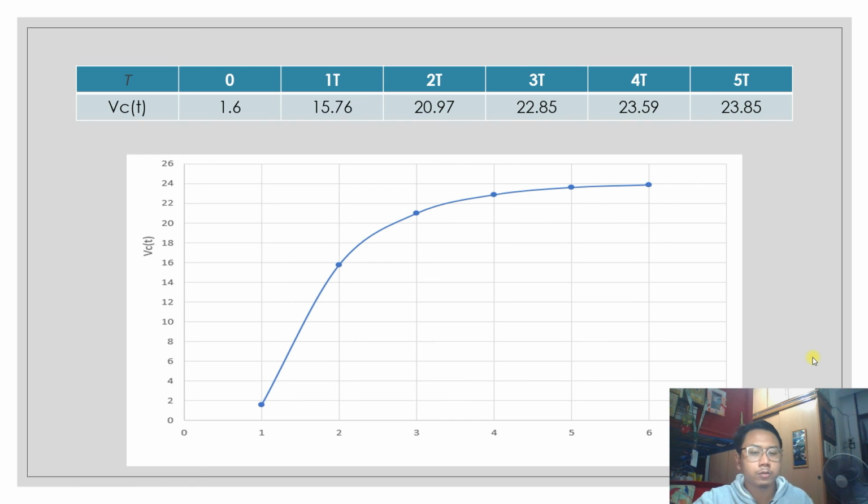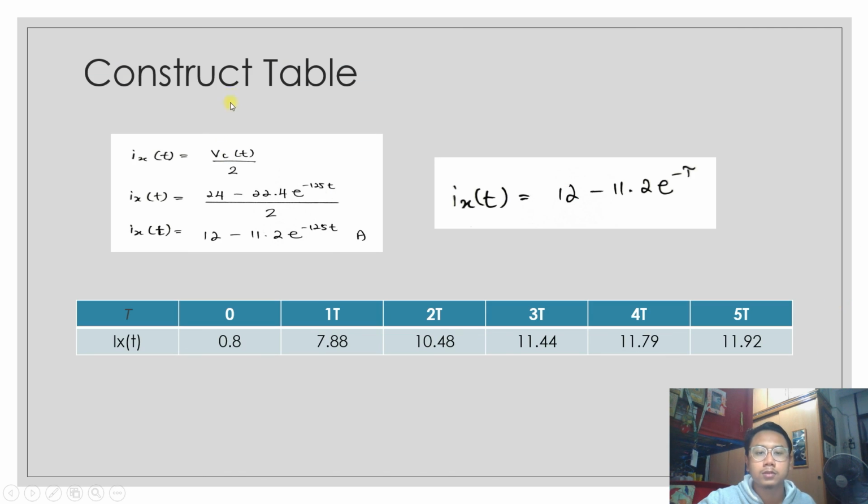Okay, so next, let's proceed to construct the table of Ix(t) and sketch the graph of Ix(t). The same procedure, the same steps, we just use the previous equation, and using a calculator and this equation, Ix(t) equals 12 minus 11.2 exponent negative tau, we enter the value of tau, which is 0 until 5, and can obtain the value of Ix(t).